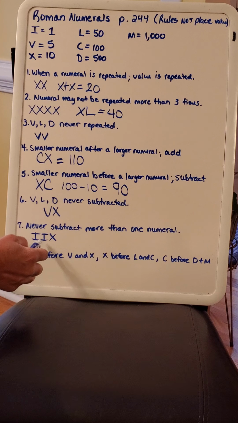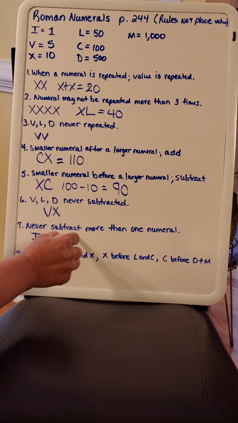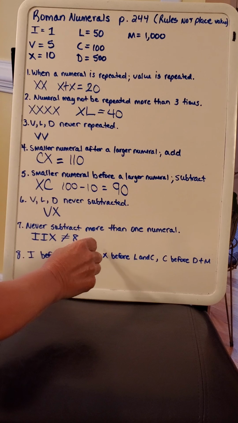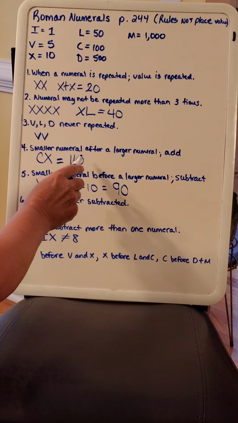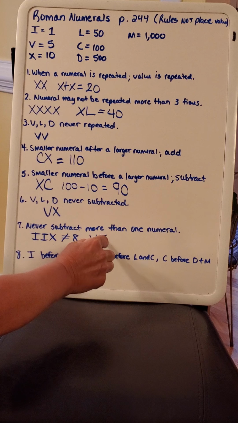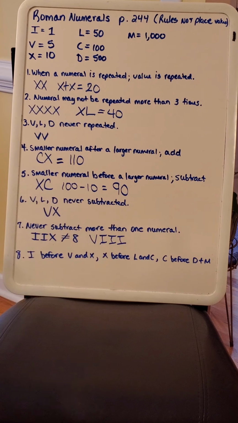We can only subtract one. So that is not equal to 8 because you can only subtract one number. So the proper way to write 8 would be using Rule 4, smaller number after a larger number, add. So 5, 6, 7, 8.